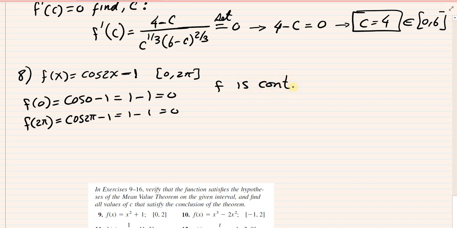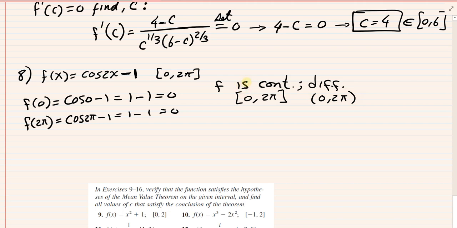Okay, now f is continuous, and why? Because cosine is continuous. Minus 1, well, 1 is a continuous function, so that's why it's continuous. And it is also differentiable. So it's continuous from 0 to 2 pi, and it is differentiable from 0 to 2 pi because, again, trig functions are differentiable over the respective domain because they're all continuous over the respective domain.